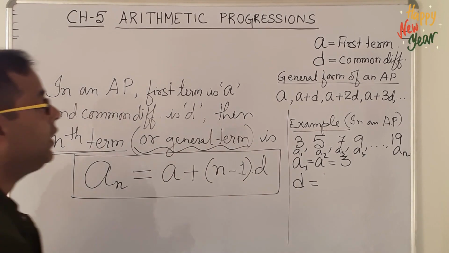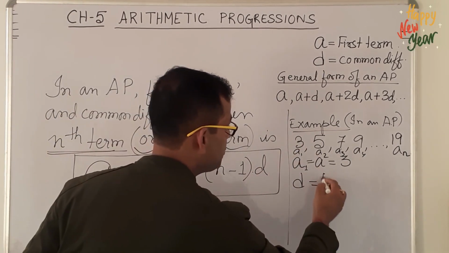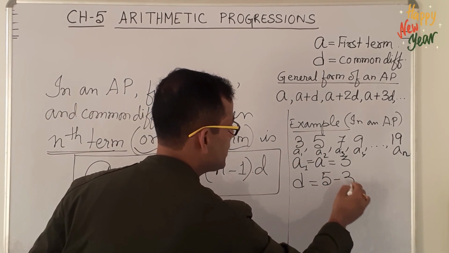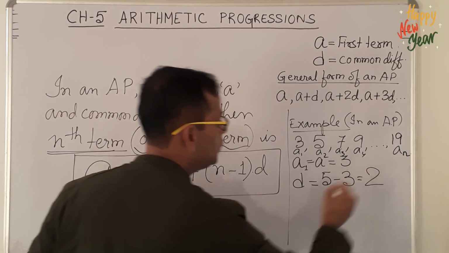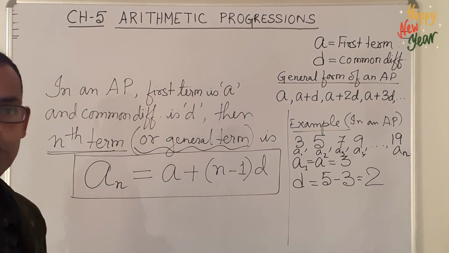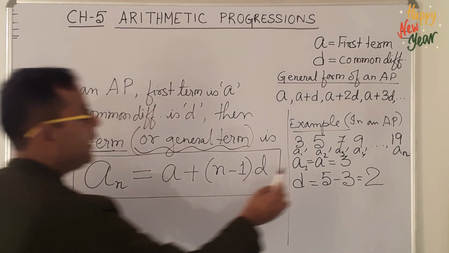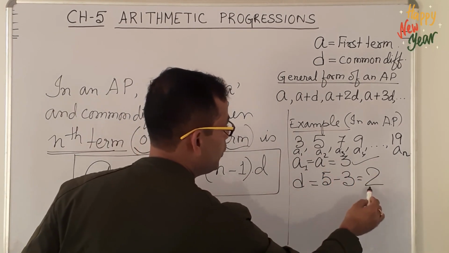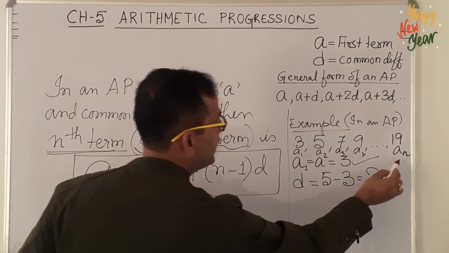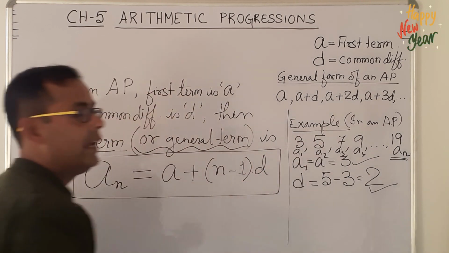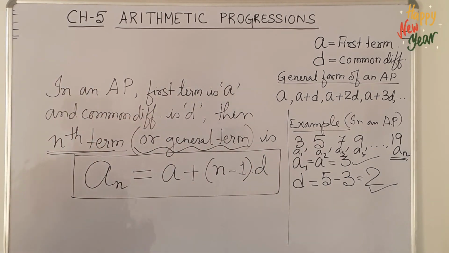And D is how much? 5 minus 3, how much is it? 2, clear? So when A is given, when D is given, then we can easily find out the nth term.